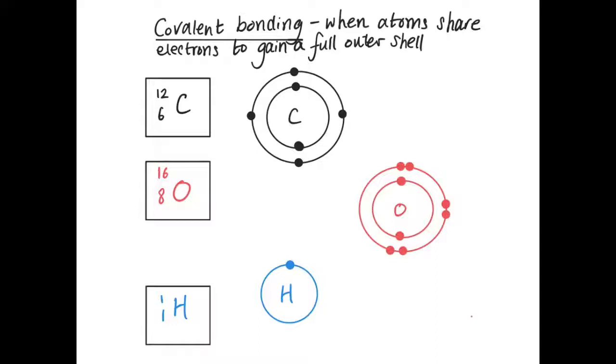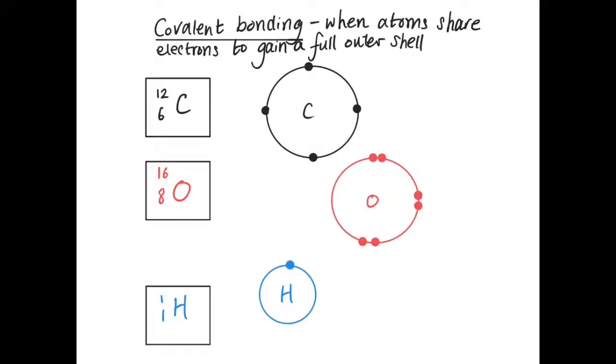If you've got a big molecule or a big atom, drawing all the inner electrons becomes tedious and it doesn't really give you a lot of information, because covalent bonding only happens with the outer shell electrons. So if we redraw these only showing the outer electrons, carbon's got 4 in its outer shell, oxygen's got 6 in its outer shell, hydrogen has got 1 in its outer shell.